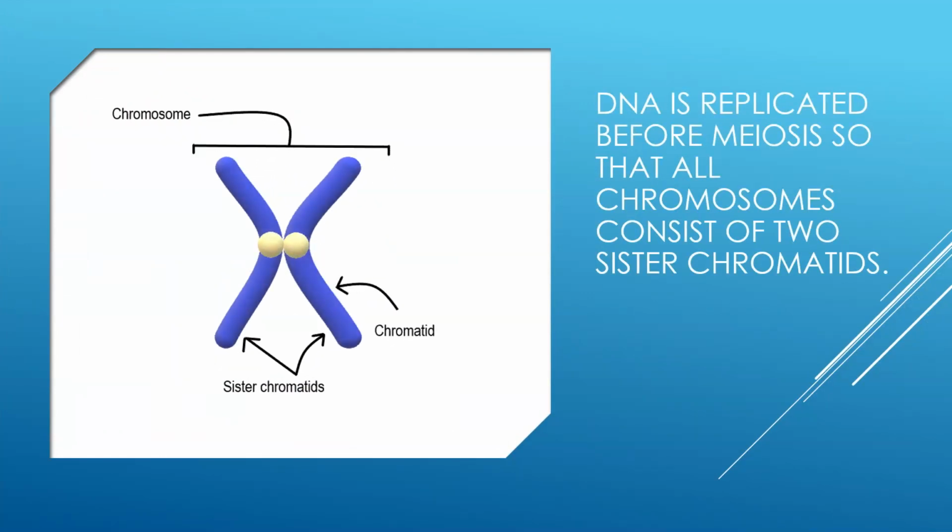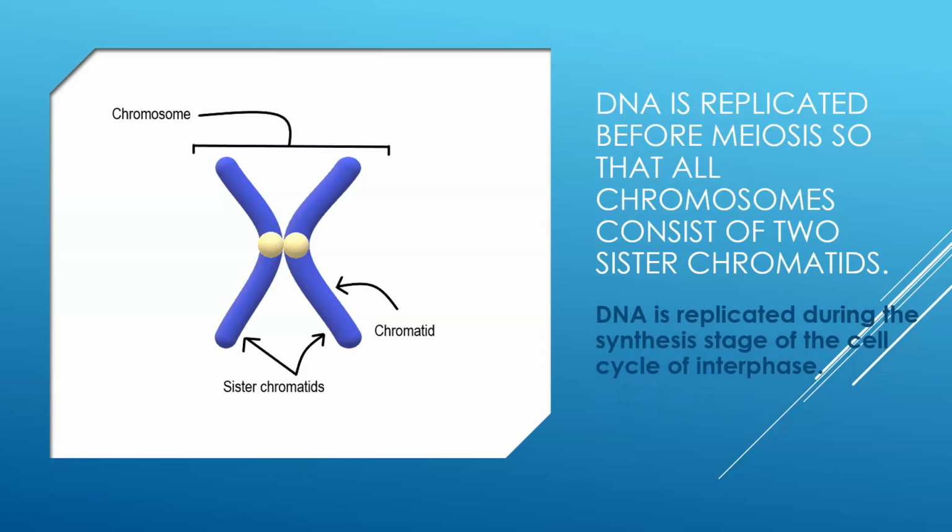So what happens? Well, DNA is replicated before meiosis so that all the chromosomes will consist of 2 sister chromatids. We've got a lovely infographic here. This is one I'd really be drawing down, just so you're really remembering this terminology. One chromosome consists of 2 sister chromatids, and we've got the centromere joining them in the center there.